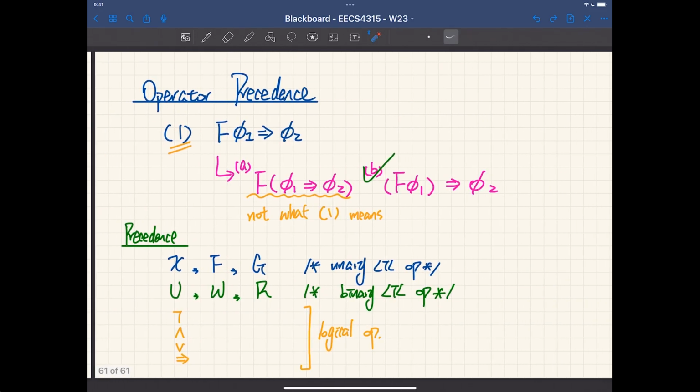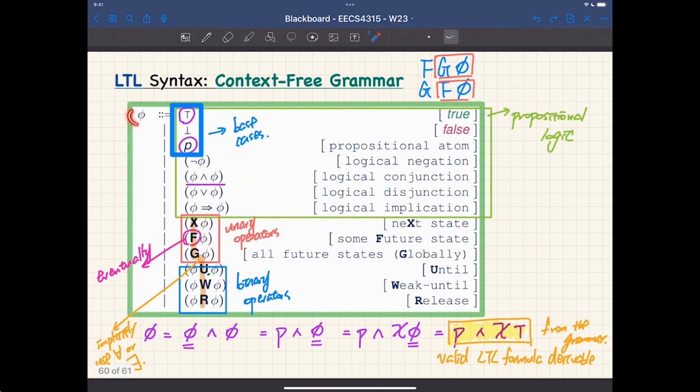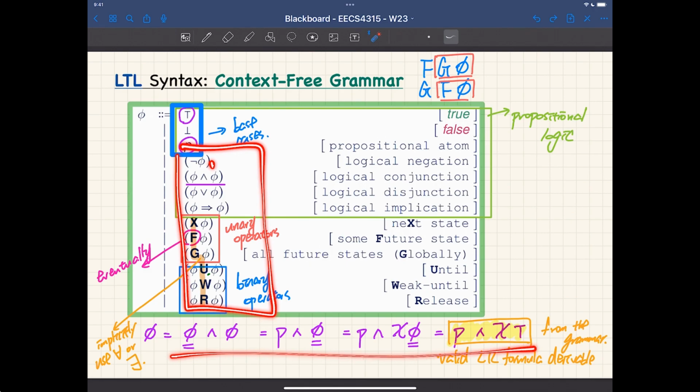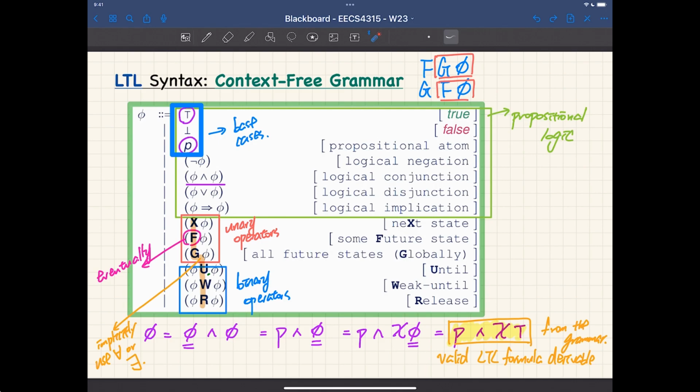Phi is a symbol; mathematicians or computer scientists like to use symbols to denote a placeholder. And here, the grammar is defining something recursively. The phi here can either be as simple as these three base cases, or as complicated as you like by deriving it using the rules over here. We'll do more exercises. So this grammar can generate infinitely many possible formulas. You got to choose the one that's valid and something you really want to express. Okay? Good. Yes, question?